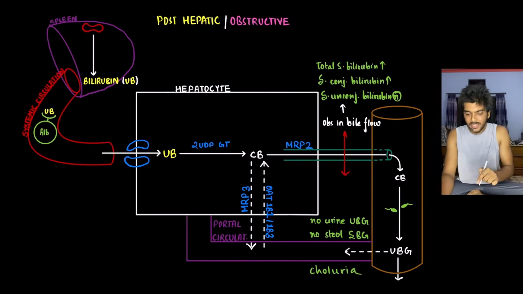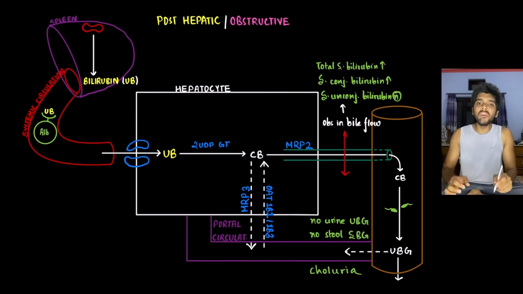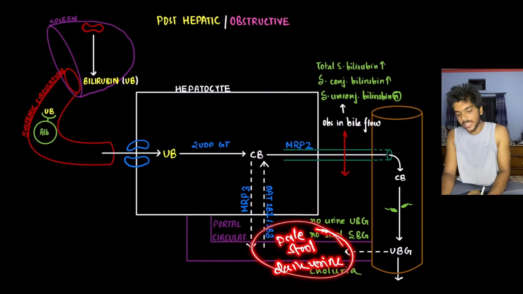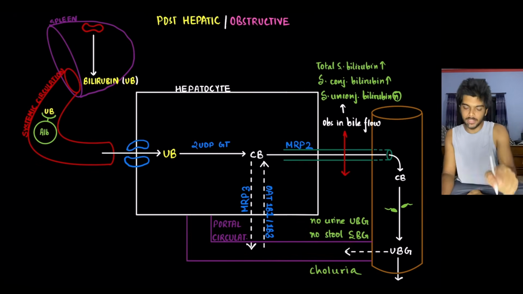In this case, the pale stool due to absence of stercobilinogen and dark urine due to presence of bilirubin in urine is even more appreciable. So there is pale stool with dark urine.